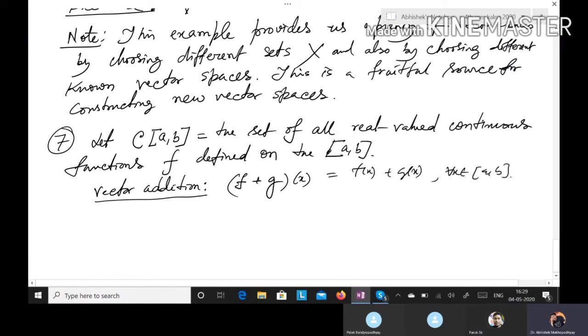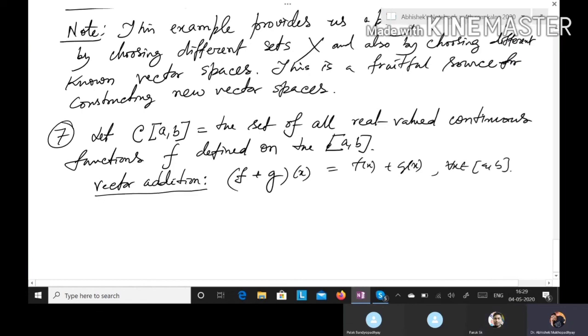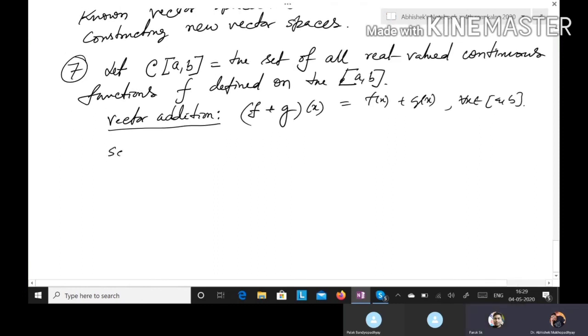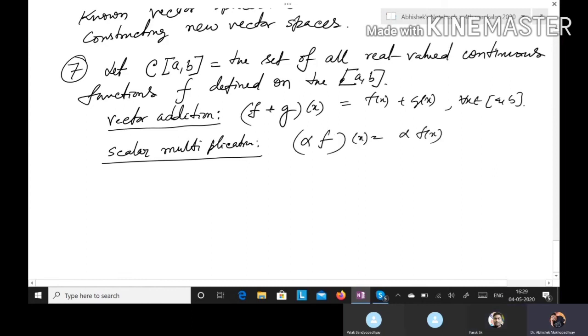This is similar to what we have already discussed, the way of defining this addition. And scalar multiplication is also similar. Given any scalar alpha and any f from C[a,b], you can define this function as (alpha f)(x) = alpha f(x).